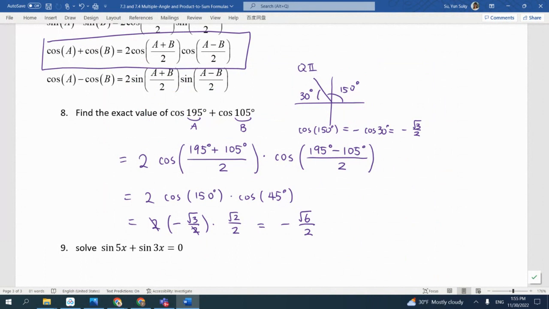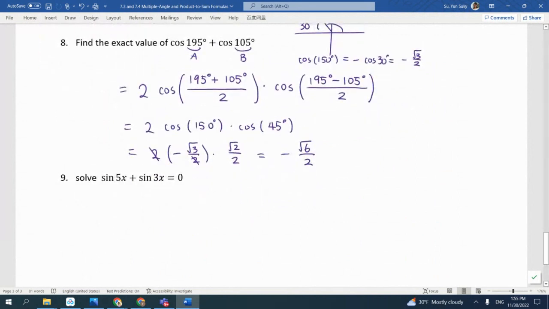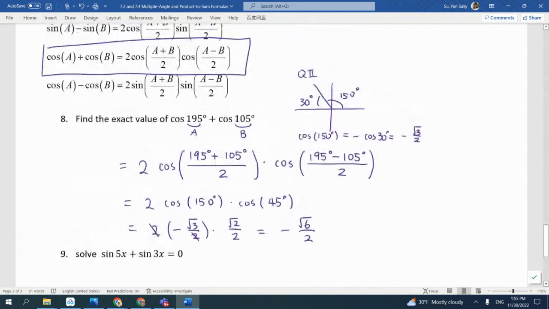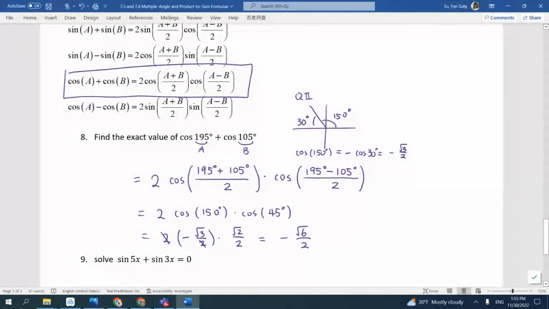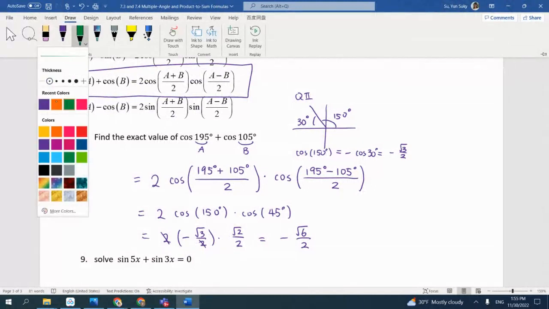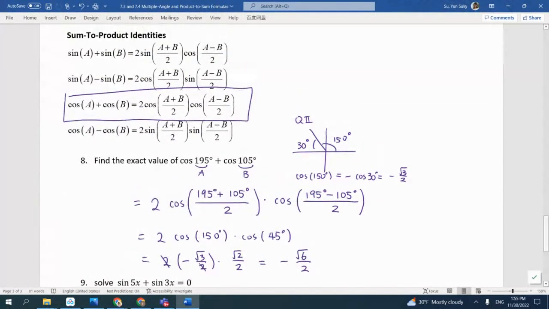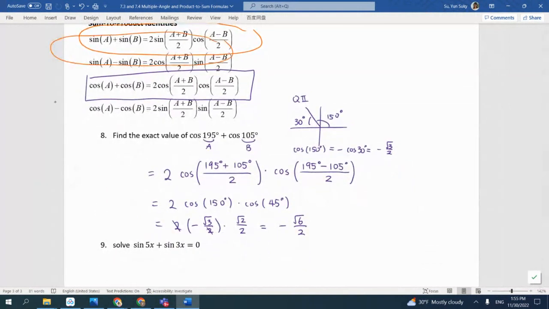Let's see. We have one more example. Do you mind if we finish this one? And then in the next class we can start 7.5. Okay. So sine plus sine. Sine plus sine is the first formula, right? So this is A, 5x, B is 3x.